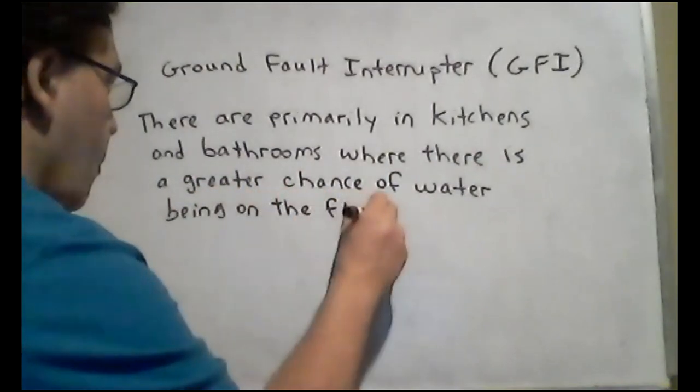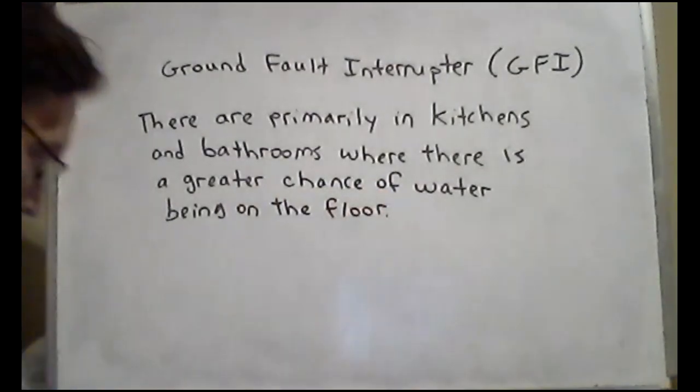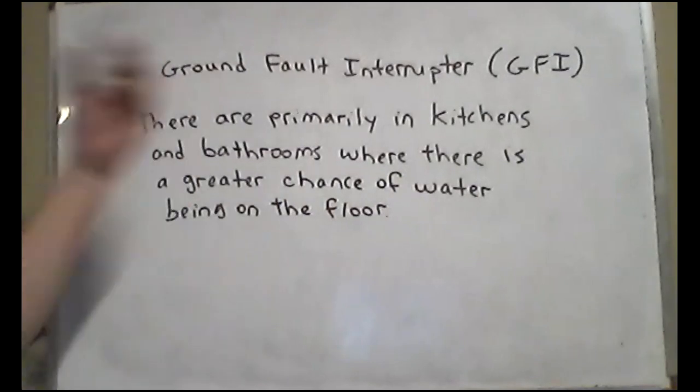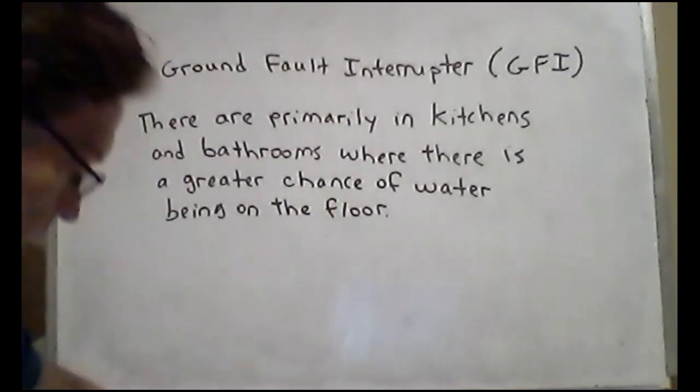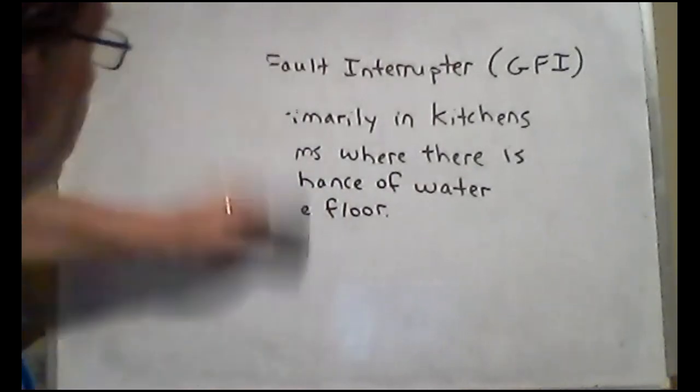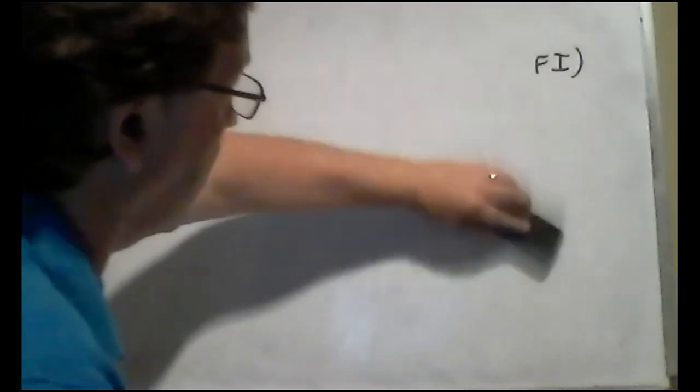All right, so the ground fault interrupter. So again, we're talking about GFIs now, and this is part of our last thing on electrical safety. The GFIs, how they work.